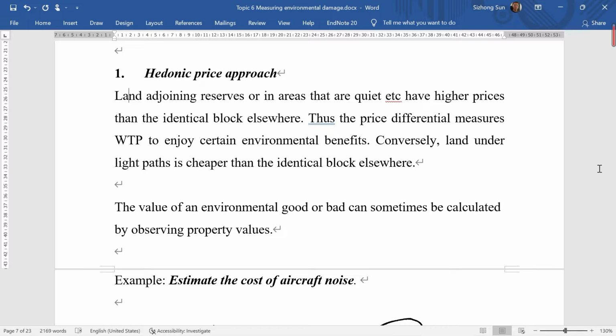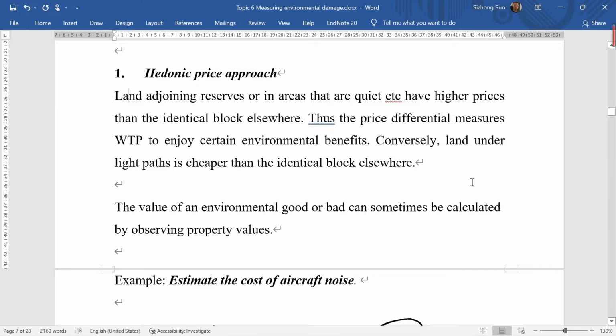Thus, the price differential measures willingness to pay to enjoy certain environmental benefits. Conversely, land under the flight path is cheaper than the identical block elsewhere. So the price difference will measure the cost of, for example, light pollution.